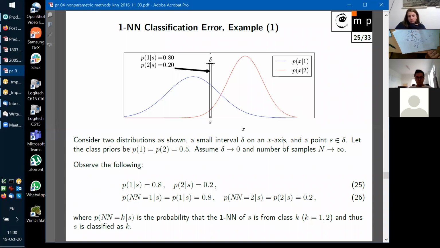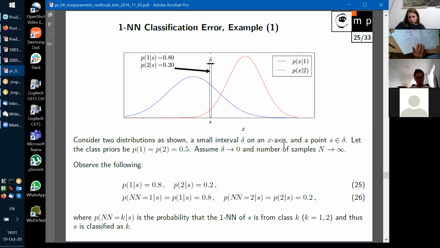What's the problem? You can think about this scheme as a sort of randomization. We know that if we observe S, we have to go for the maximum a posteriori. And the nearest neighbor is not always going for the class which is more common here. It's switching between the more common and less common class, and its error is higher.